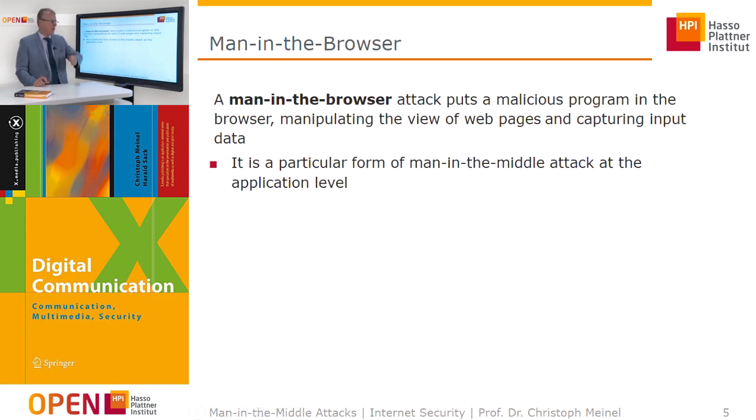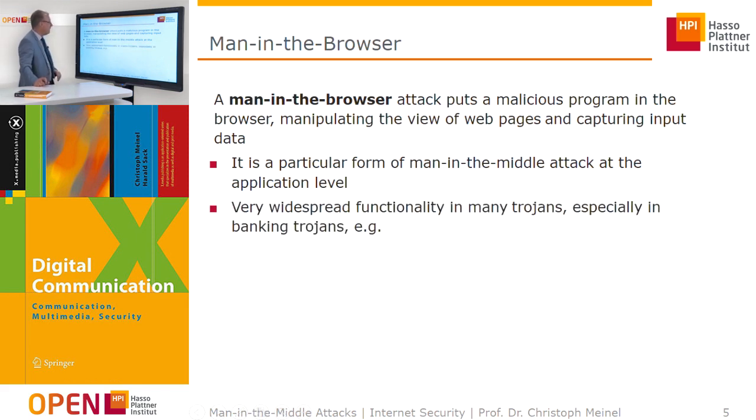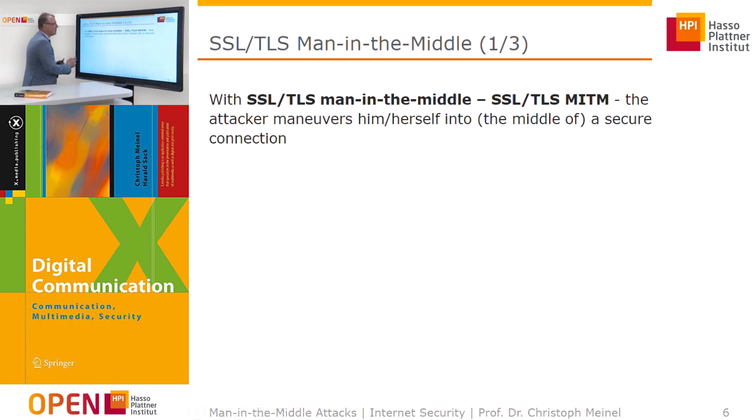Domain name system, HTTP, web are on the application level, and it is a very widespread functionality in many Trojans, especially in banking Trojans. So the famous Zeus or SpyEye or Carberp, these are Trojans with exactly that functionality, that they show something different than what's expected.